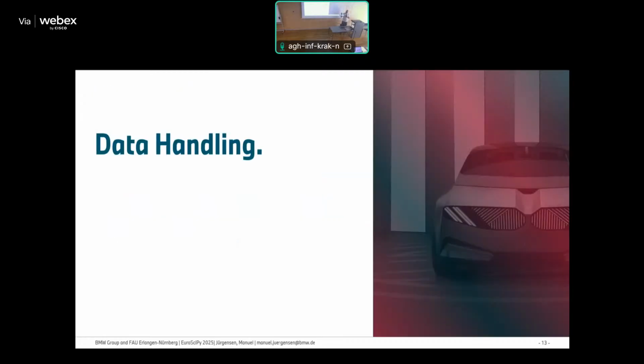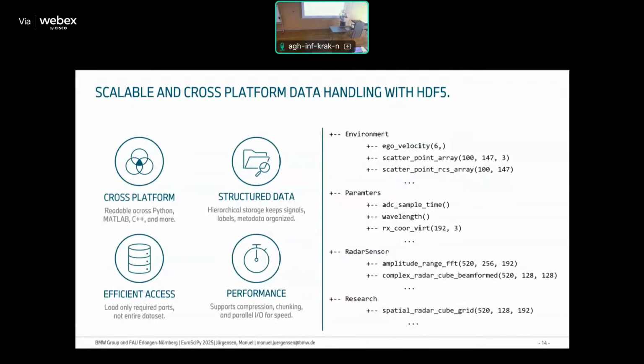So that brings us to our first point, data handling. I chose HDF5 for data handling because when I started, I didn't know exactly that I will use Python. I thought maybe I'd use MATLAB. So HDF5 is quite nice because of its cross-platform compatibility. You have structured data, so you can save essentially your data, but also metadata.